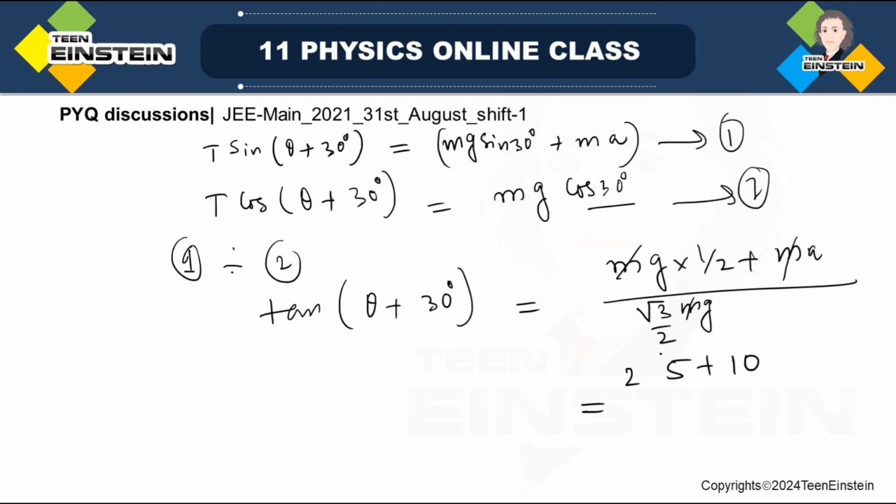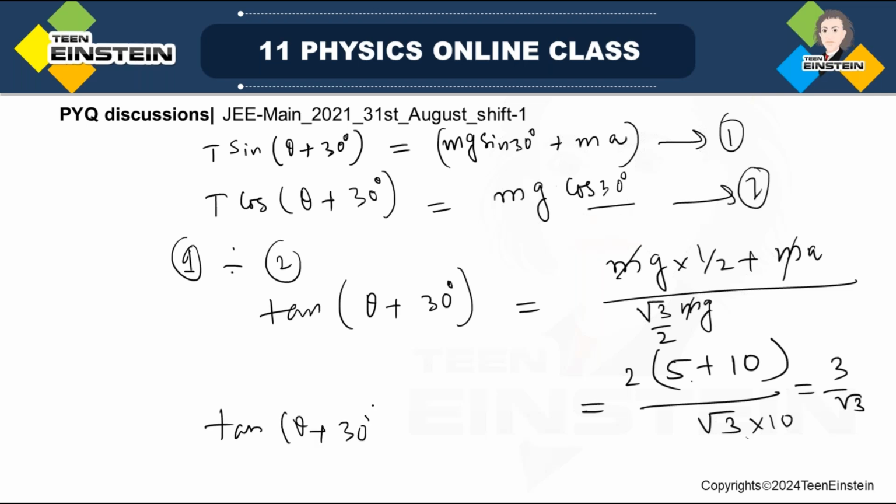So 2 into this divided by root 3, that will be 30, and g is also there, so 3 by root 3, that means tan of 30 plus theta equals root 3.